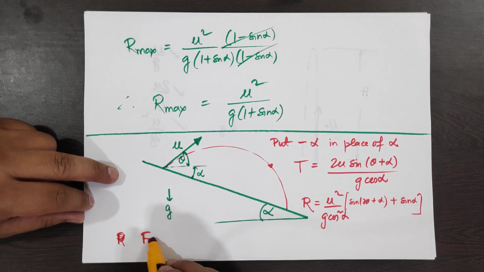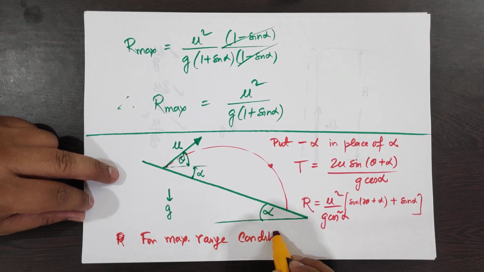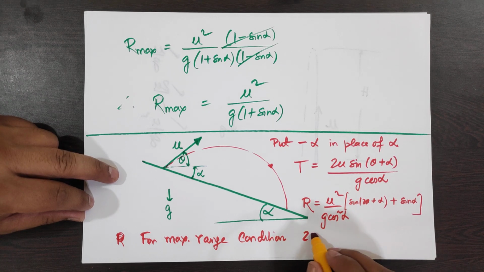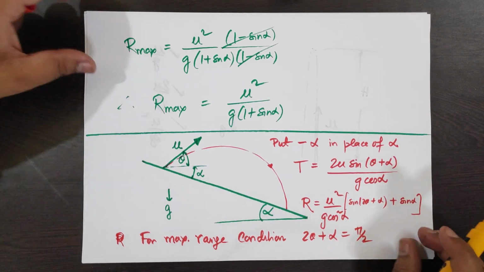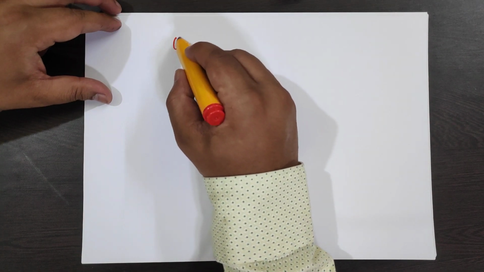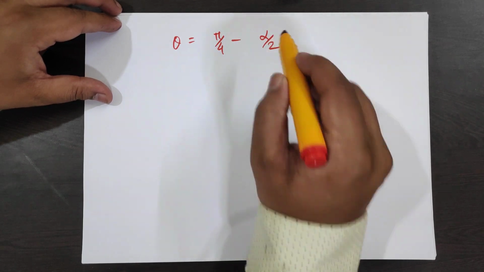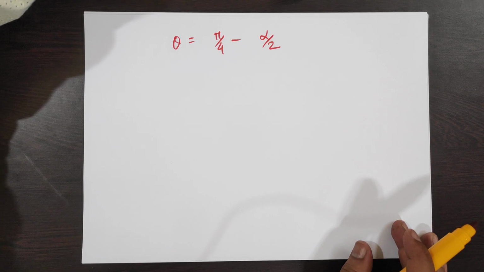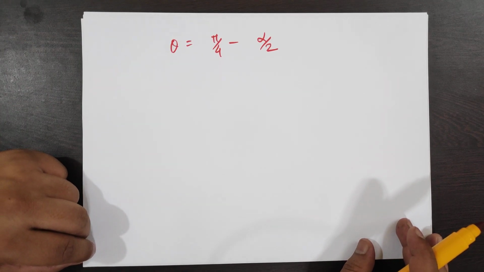Okay, for maximum range, the condition is that 2 theta plus alpha is equal to pi by 2. Therefore theta should be equal to pi by 4 minus alpha by 2. Note that in the last case it was pi by 4 plus half of alpha, here it is pi by 4 minus half of alpha.